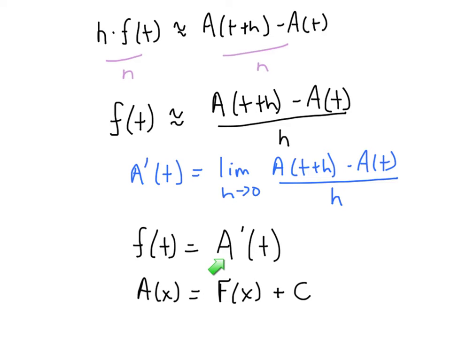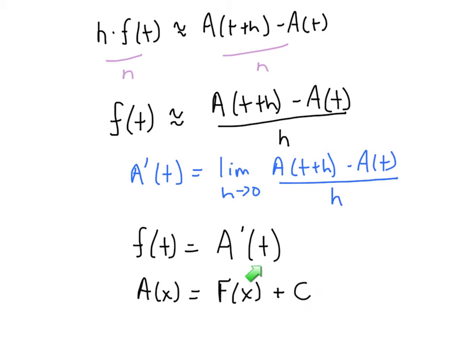If you take the derivative of A, you get f of t. That means that A itself is one of the antiderivatives. We don't know which one it is, so we have to put plus c on the end. But if you take its derivative, you get lowercase f. So our function A of x can be written as F of x, the antiderivative of f, plus c.